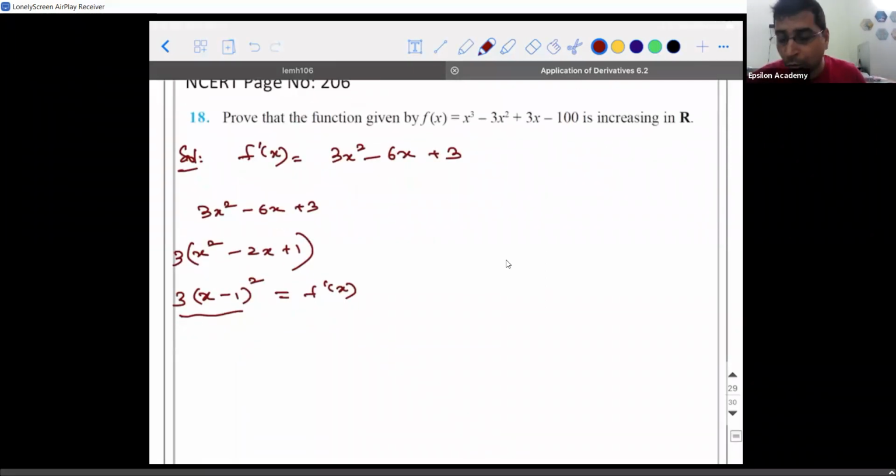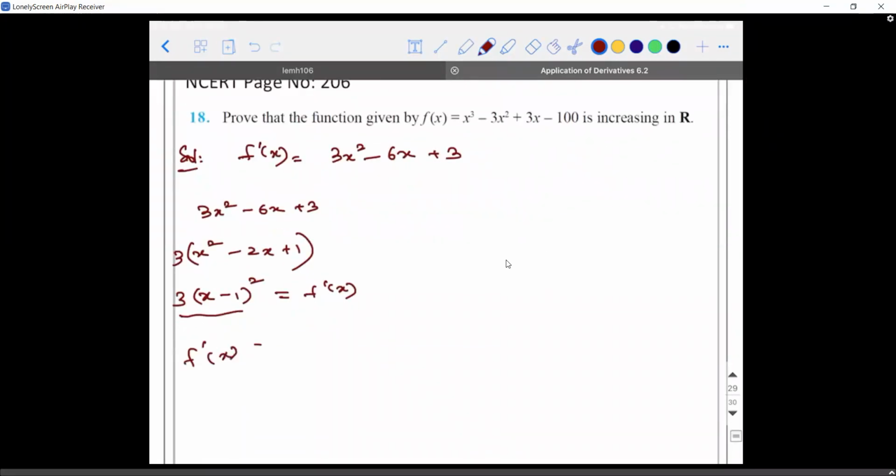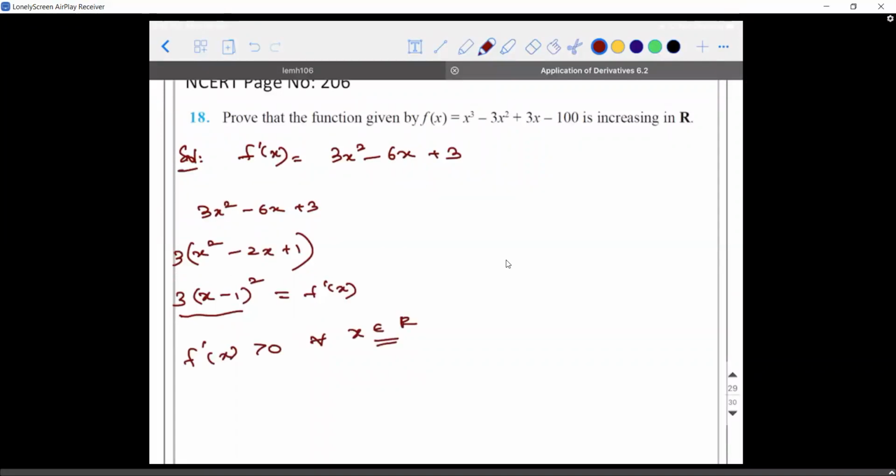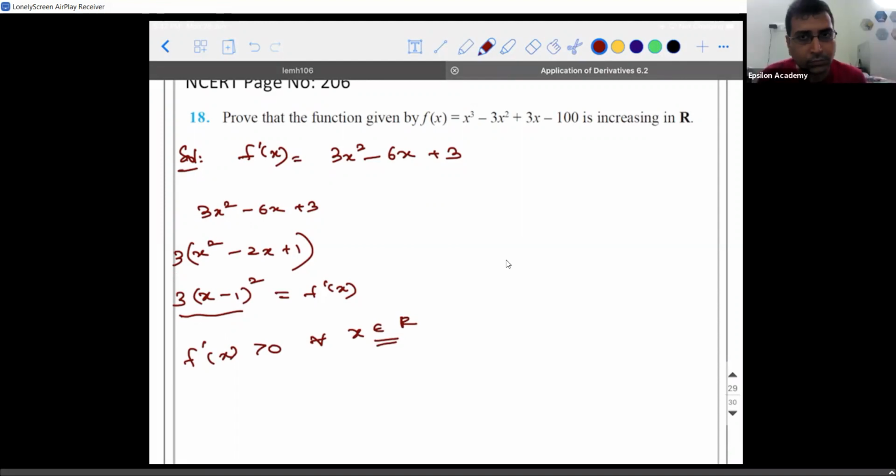From this I can conclude that f dash of x is always positive for all values of x that belongs to R. Hence it is increasing. Shariya? Yes, sir.